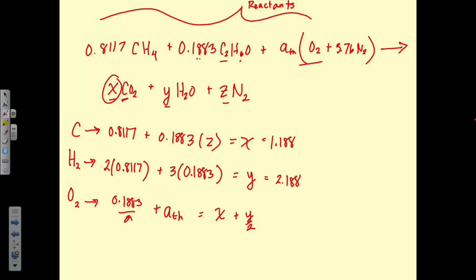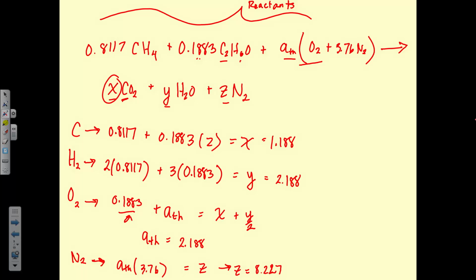Okay, so if we sub in x and sub in y, we can solve for this A theoretical is equal to also 2.188. And then we look at nitrogen, that on this side of the equation we have A theoretical times 3.76 is equal to Z. So Z is equal to 8.227.